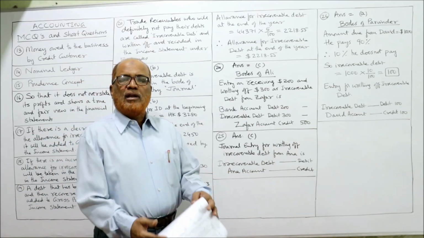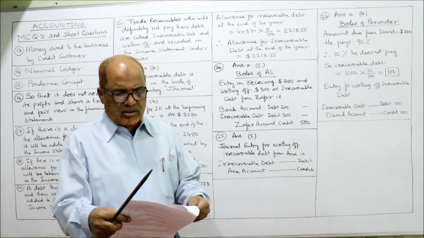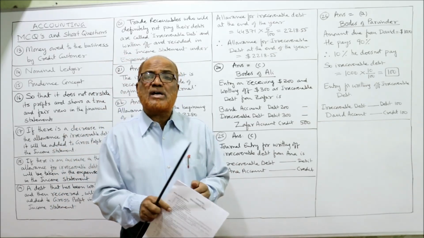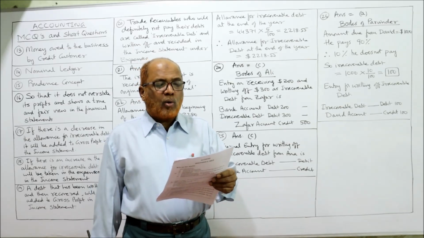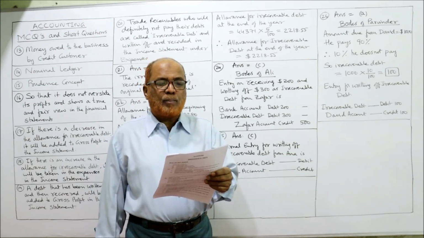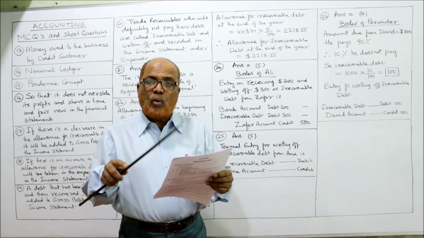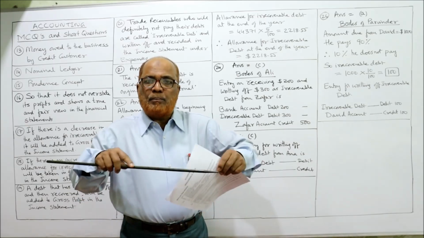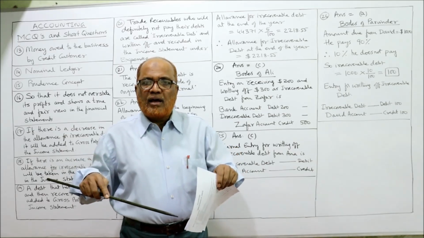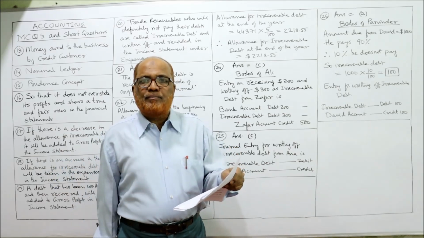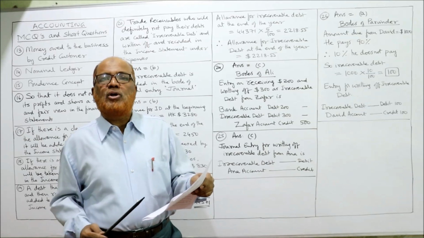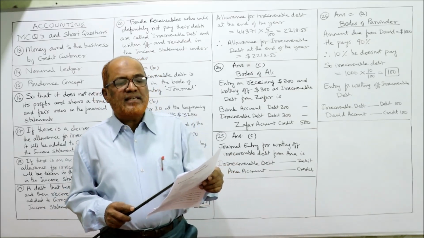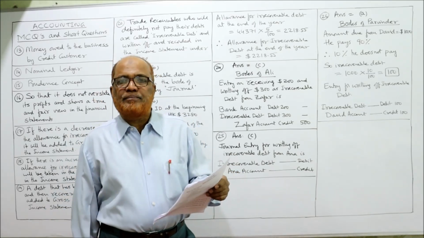That's it. Now the last and final question on these MCQs and short questions. David owes $1,000 to Parvinder. That means David has to pay Parvinder. The business is Parvinder's and the credit customer is David. From David, $1,000 is due.